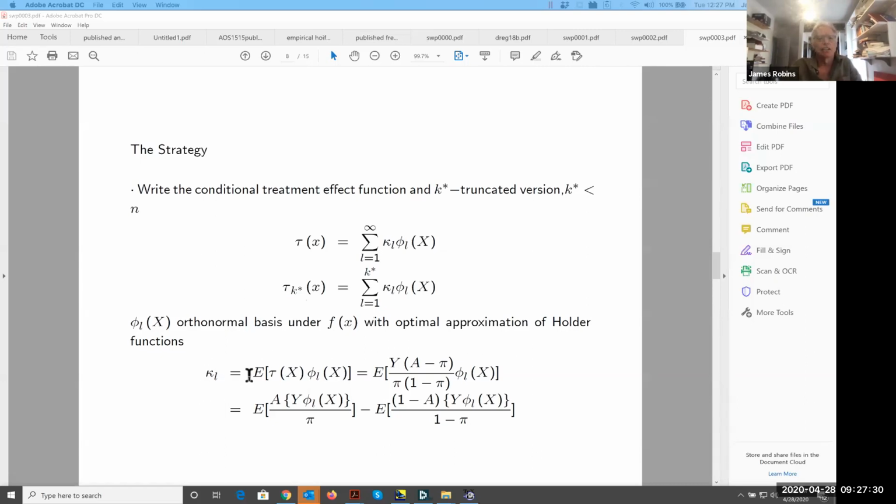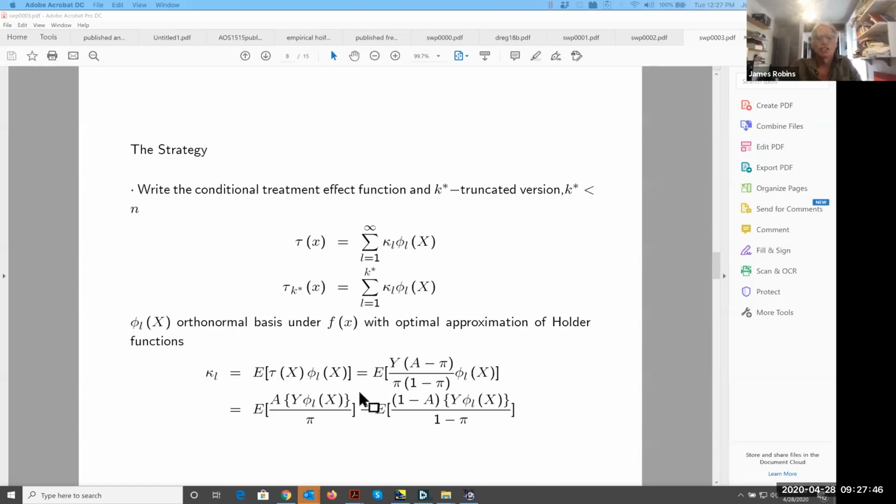So what is K of L? It's the expected value of the function times the basis function, which we know is the expected value of Y times (A minus pi) over pi times (1 minus pi), times the basis function.